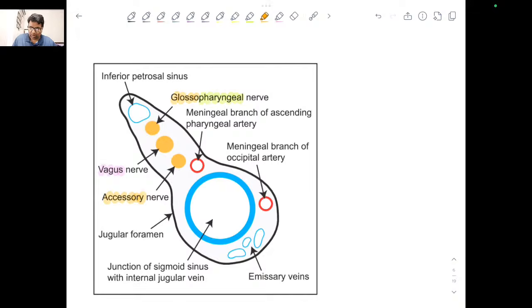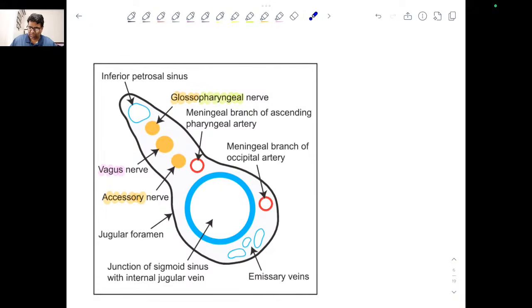jugular foramen. Now apart from this, as I already told you, the name itself is based on the vein, that is the internal jugular vein. And the first tributary of the internal jugular vein is the inferior petrosal sinus. So this is how the structures are passing through the jugular foramen.